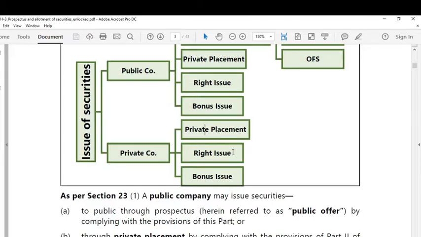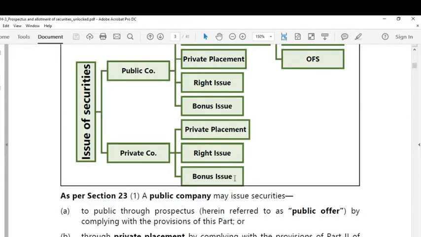The right issue means issuing of shares to the existing shareholders only. So the capital will increase, but the number of members cannot and will not increase by going for a right issue. The other one is the bonus issue. Instead of giving a cash dividend, sometimes the company can give shares to its existing shareholders, or sometimes it can offer bonus shares to its management as well.